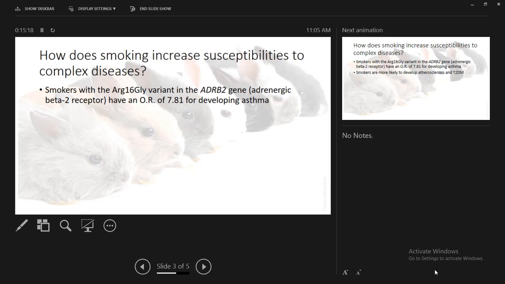Okay, that's what this notation is saying, that at the 16th glycine residue, you'd have a missense mutation putting an arginine in there instead. And with that specific variant, you increase the likelihood of developing asthma by almost eightfold. Smokers are almost 8 times more likely to develop asthma if they have this specific variant.